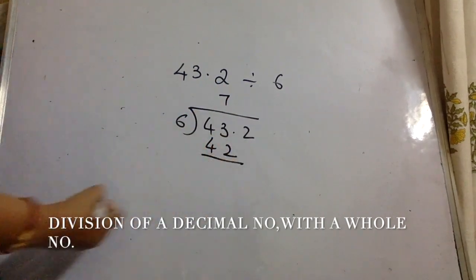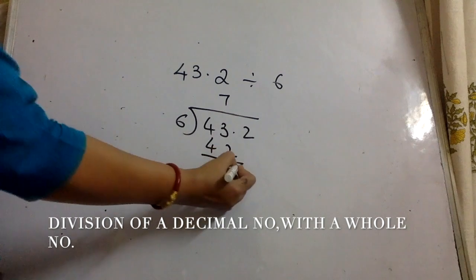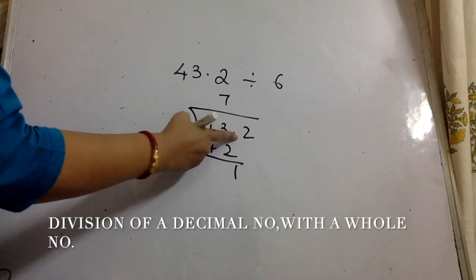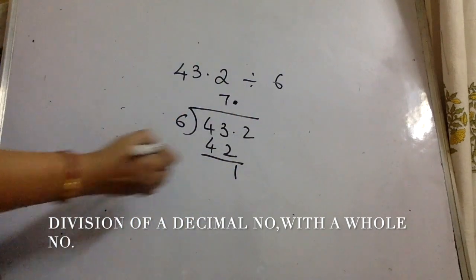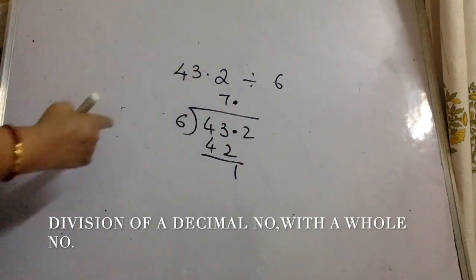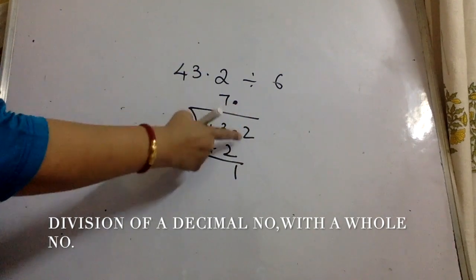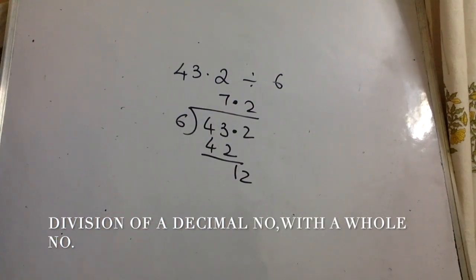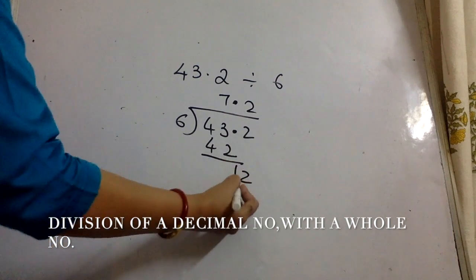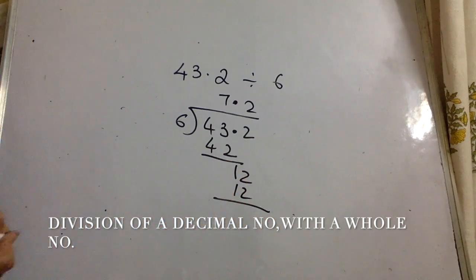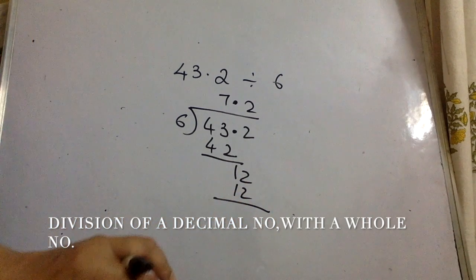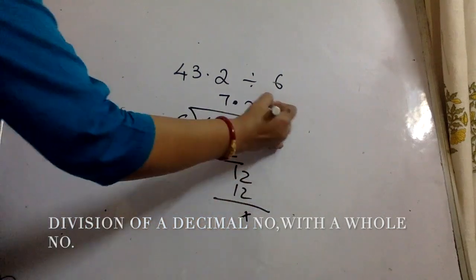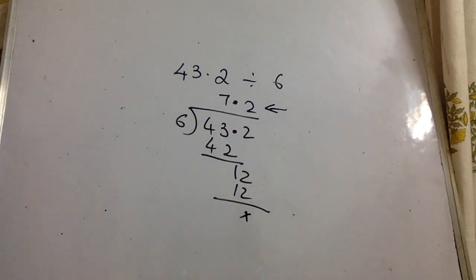This much is like a regular division. 1 comes down, and then this decimal point is simply copied here, and then you have to bring down this 2 also. 6 twos is a 12. So the answer here is 7.2.